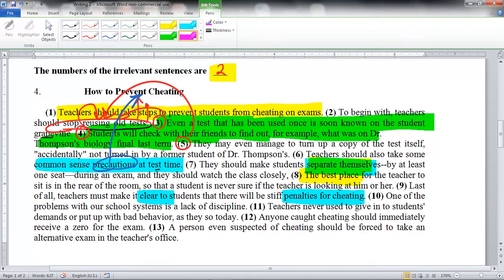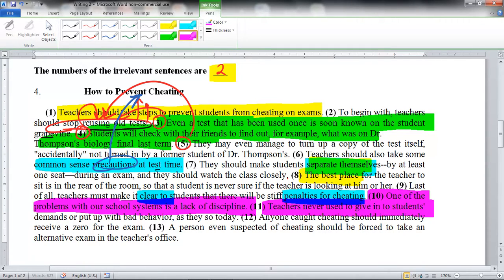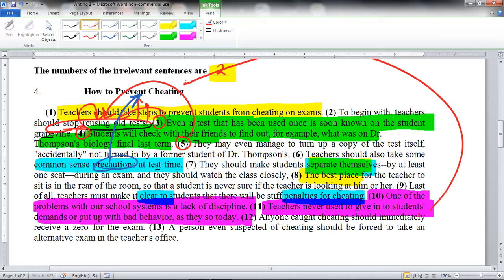See, these 2 sentences, they don't support the topic sentence. Fine, this might be a true thing or a false thing. But what does that have anything to do with preventing cheating, right?